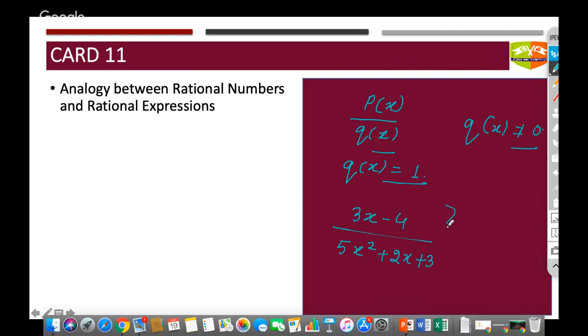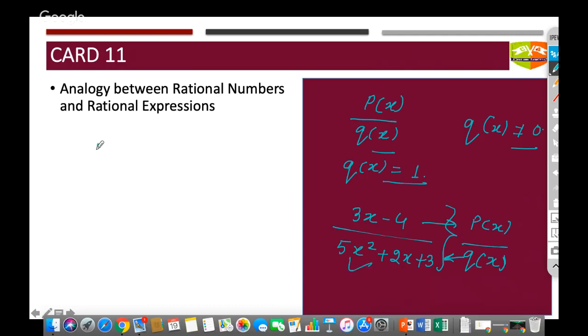If somebody asks you whether this is a rational expression or not, I'll say that this is a rational expression, because p(x) is a linear expression and q(x) is a quadratic expression. So p(x) by q(x) has to be a rational expression.